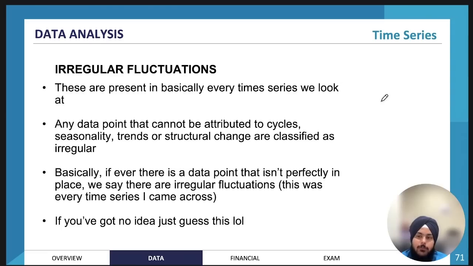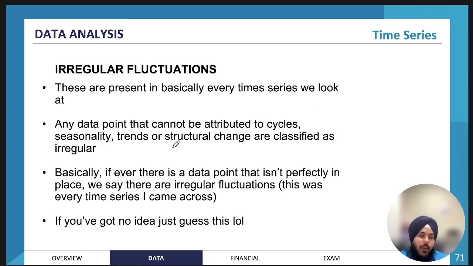And we also have irregular fluctuations. Irregular fluctuations are just the normal variations or small fluctuations in data, just as a result of the nature of data and how data behaves. Basically, it's sort of like a cycle, but we have a variety of different peaks and troughs as a result of that.